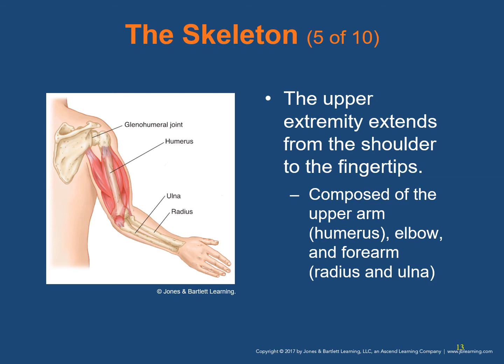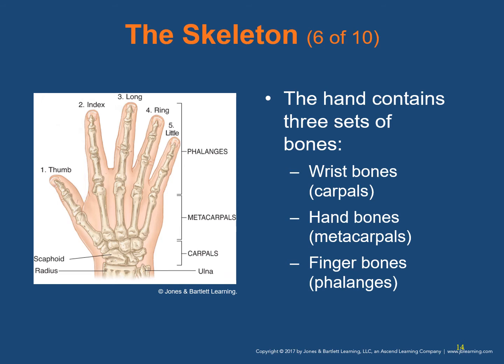The ulna is narrow and is on the little finger side of the forearm. When one is broken, the other is often broken as well. The hand contains three sets of bones: wrist bones, carpals; hand bones, metacarpals; and finger bones, the phalanges.